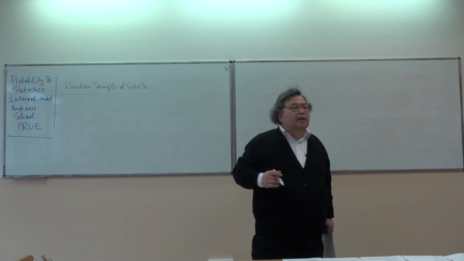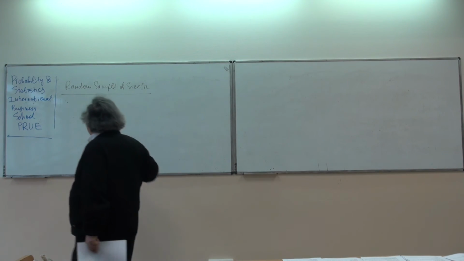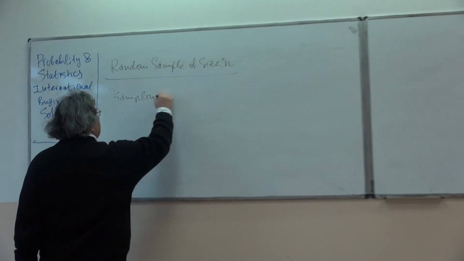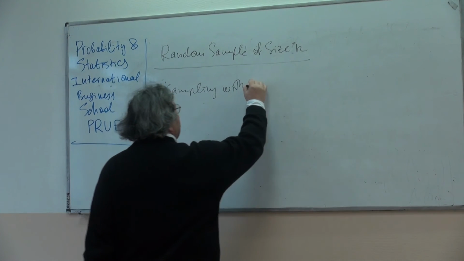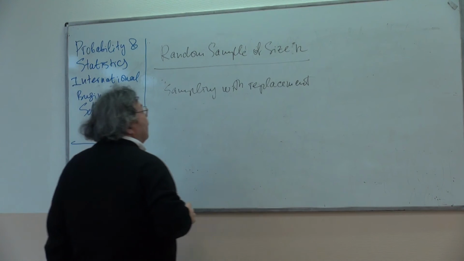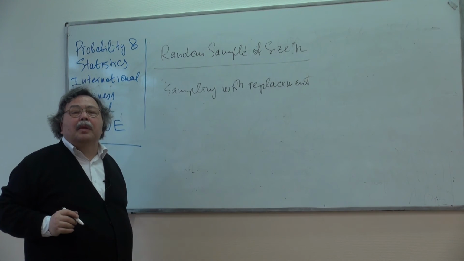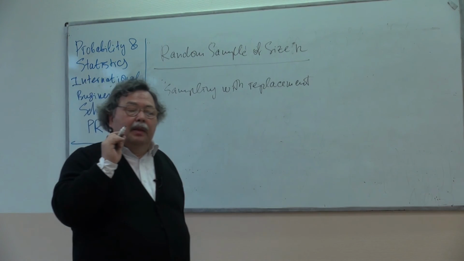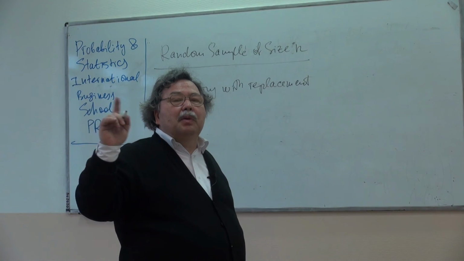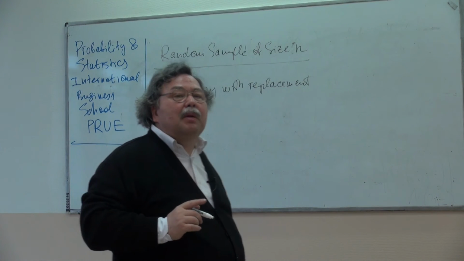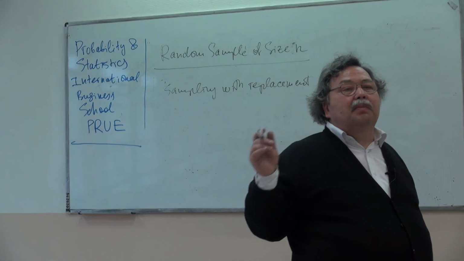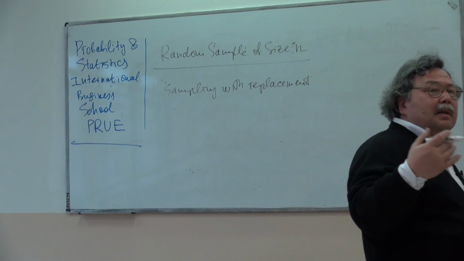Okay? This is called sampling with replacement. Okay? So, at each stage in our sampling procedure, each member of the population has the same probability of being chosen. Sampling with replacement. Replacement indicates exactly this.